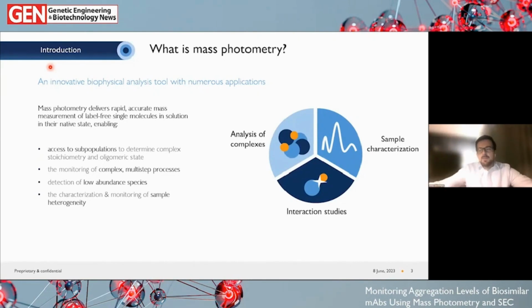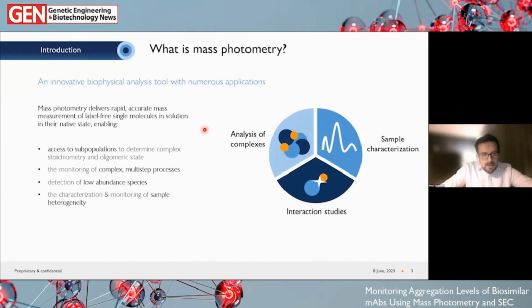This is a particularly powerful technique because it allows you to gain access to subpopulations within a sample, and that might be important if you want to determine stoichiometry and also the oligomeric states of a particular sample. So say your molecule of interest functions as a tetramer or trimer, and you're particularly interested in isolating and studying that particular oligomer, you can do so.